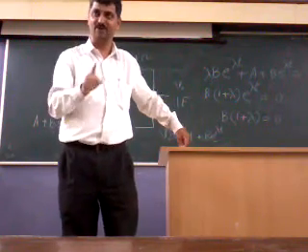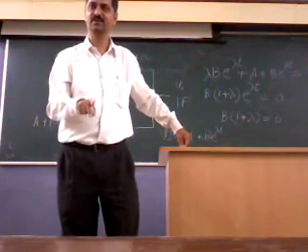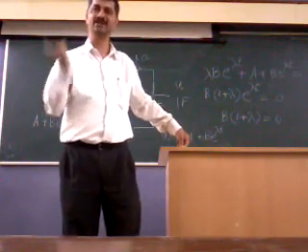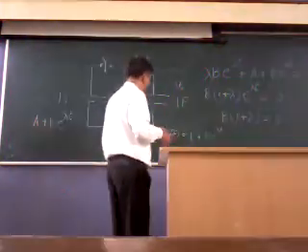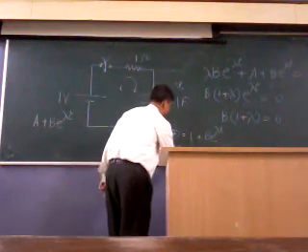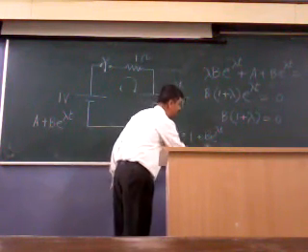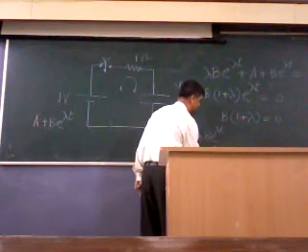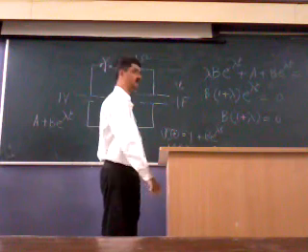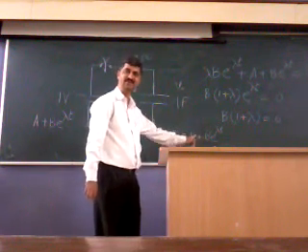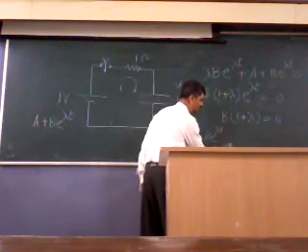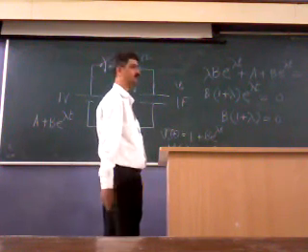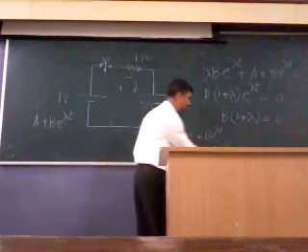At t equal to 0, the capacitor is not carrying any charge. So at t equal to 0, V0 was 0. So what is V0 at 0? It is 1 plus B. That must be equal to 0.